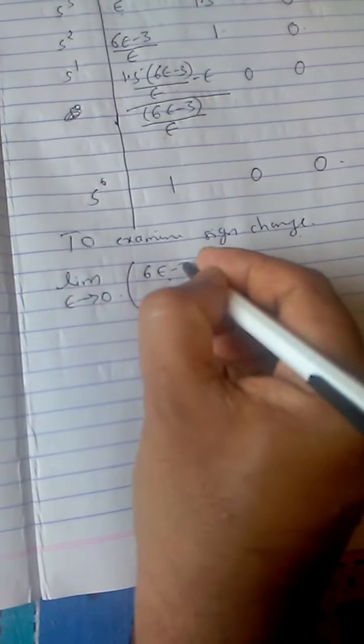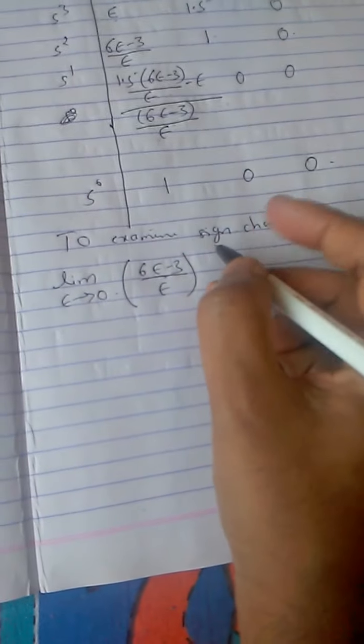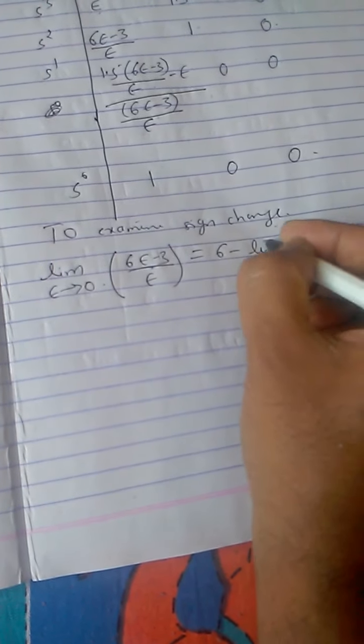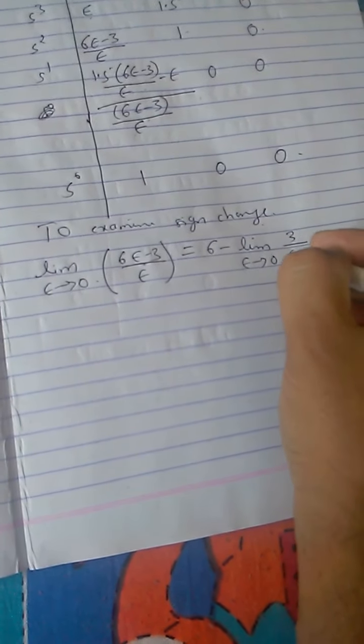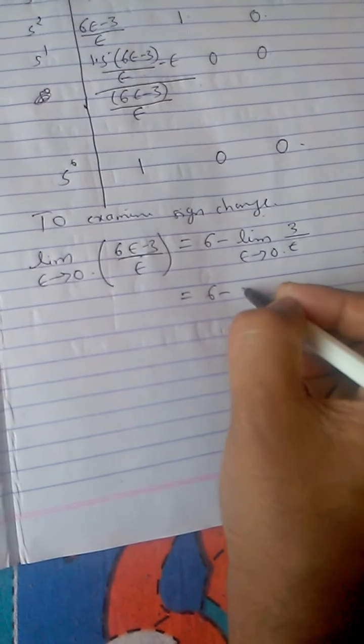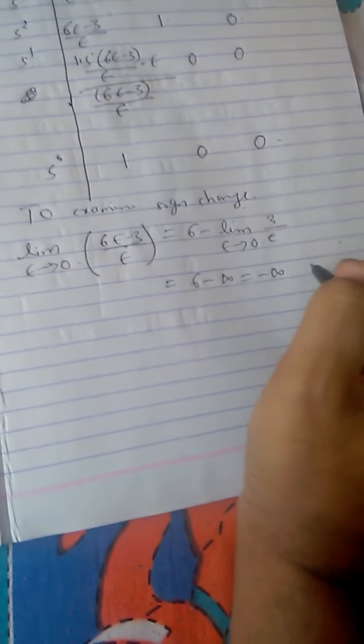Limit for the coefficient of s square, that is 6 epsilon minus 3 by epsilon, as epsilon tends to 0. That means 6 minus limit 3 divided by epsilon. So I'll be getting 6 minus infinity, which will be equal to minus infinity.